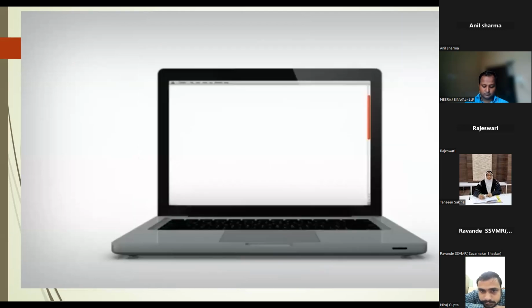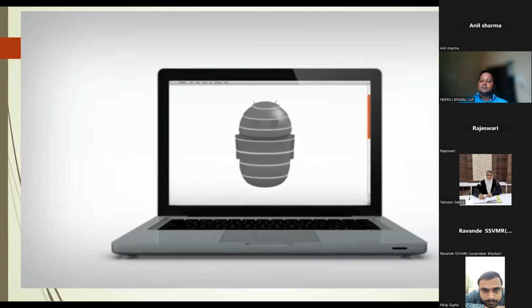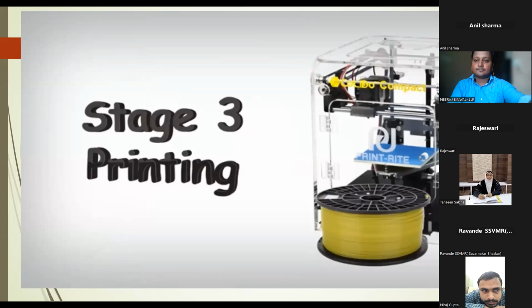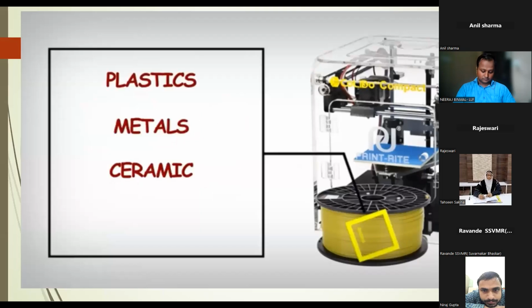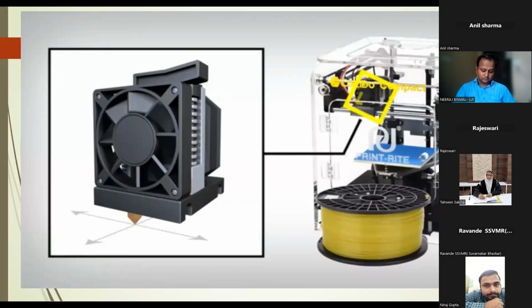Once you have your 3D model, it's sent to 3D printing software that scans it and then slices it into sections to help the printer understand the shape and how to print it. We're now ready to print. But first, we need filament. Filament is the material that the models are printed from. You can print in any number of materials, from plastics, metal or ceramic, even chocolate. Our printer has two main moving parts, the print plate that moves up and down, and the print head that can move in any direction.